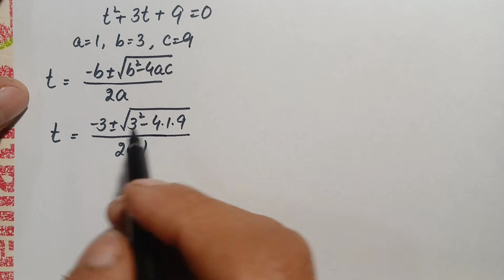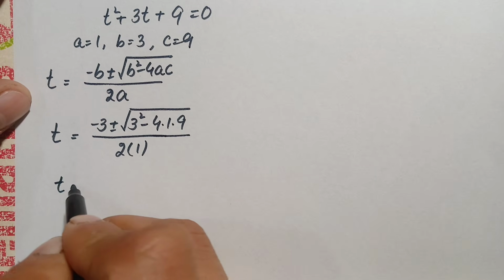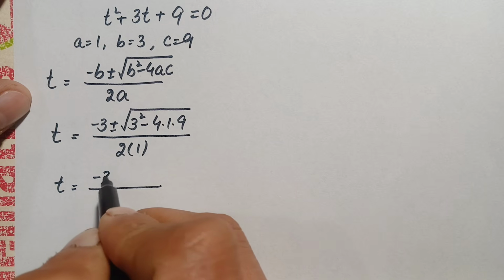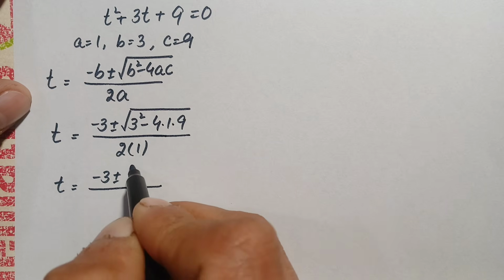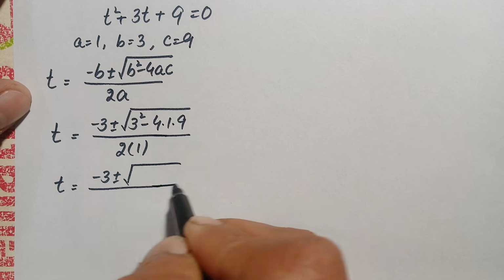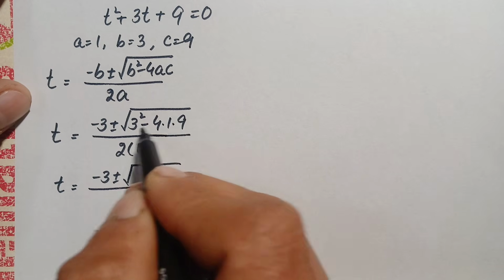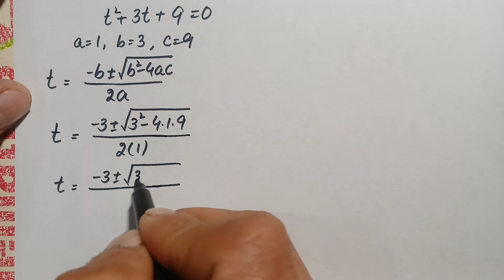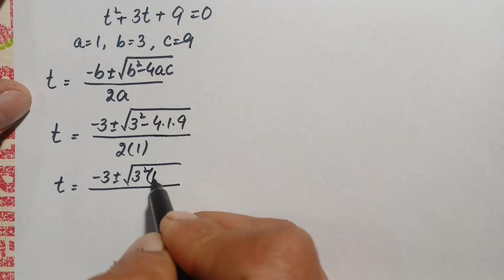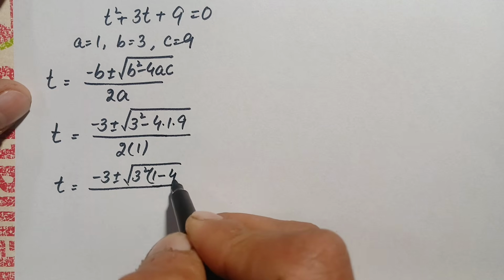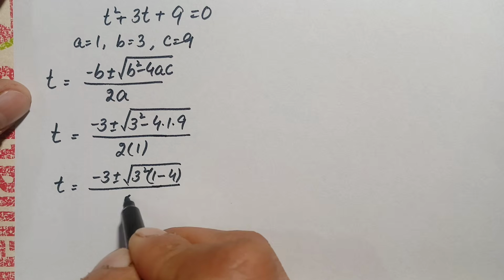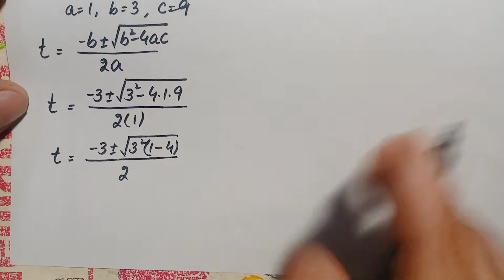So let's further simplify this right hand side. So the value of t will become negative 3 plus minus square root of 3 square, and here we can write 9 as 3 square. So we will take 3 square common from both the terms. Taking 3 square common, here only 1 is left, and here only 4 times 1 is 4 is left, divided by 2 times 1 is 2.